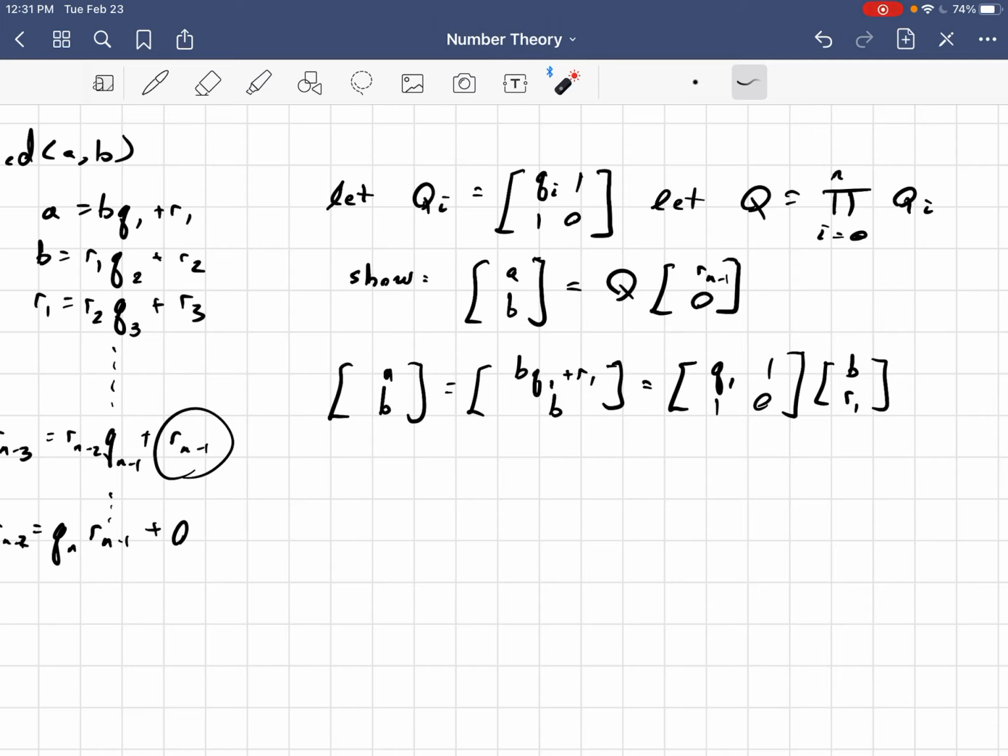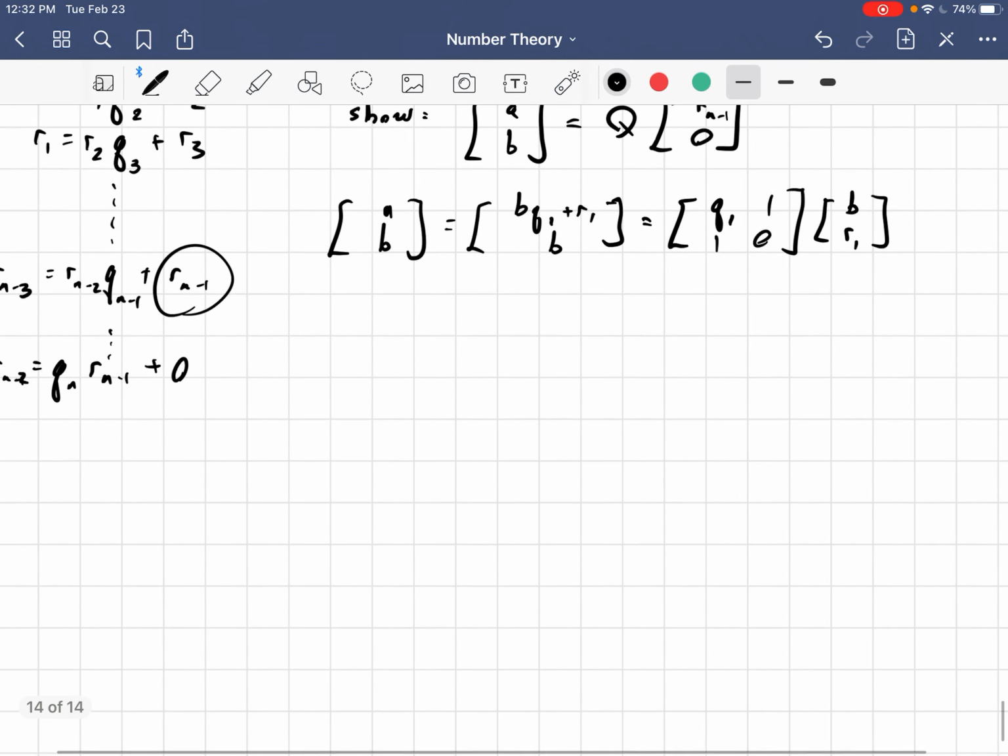Notice, if you do this matrix multiplication, Q sub 1 B plus R sub 1 is the first entry, and for the second row, we get 1 times B plus 0, so just B. That's why I brought up this matrix; it comes from the fact that we can separate it like this.